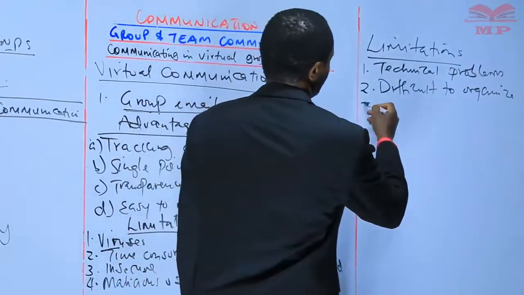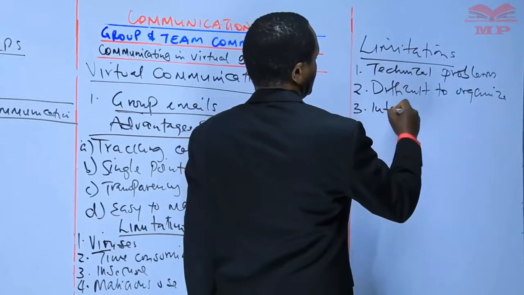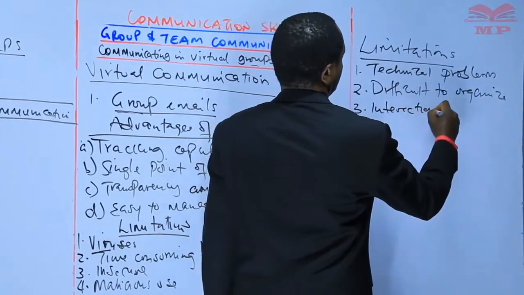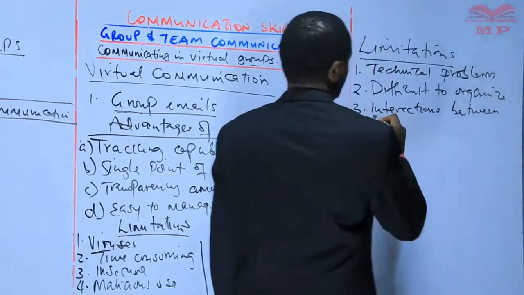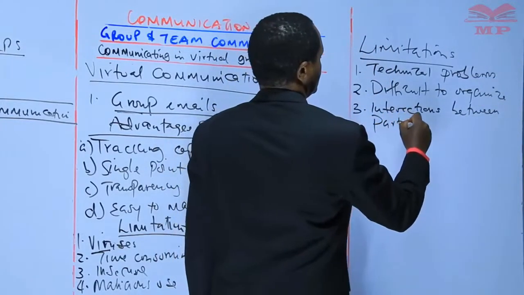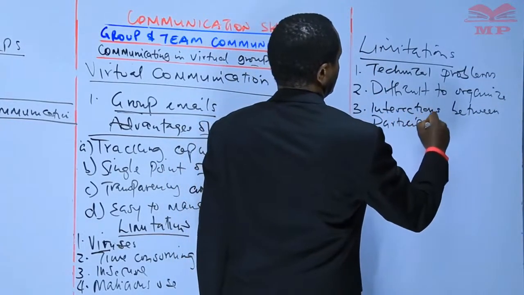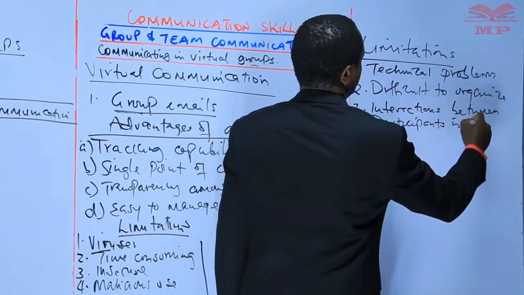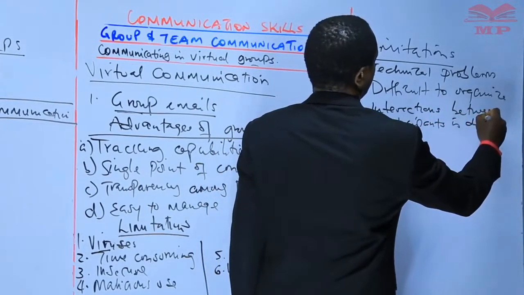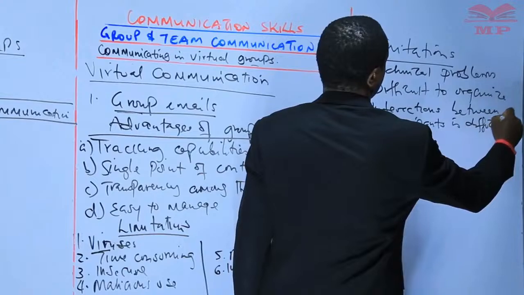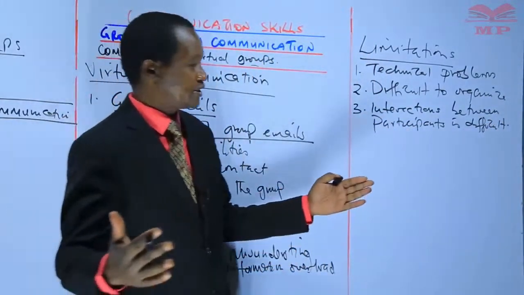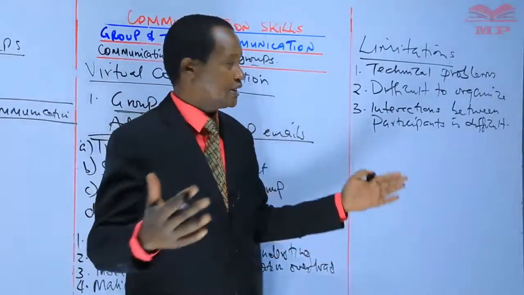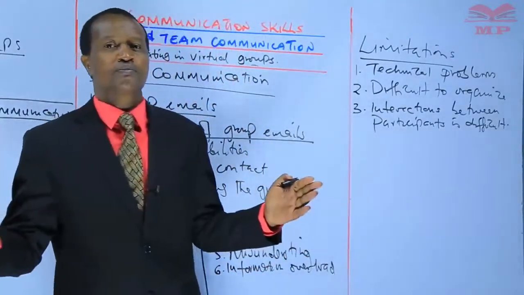The third limitation: interactions between participants is difficult. The interactions between participants in a virtual meeting is not easy.